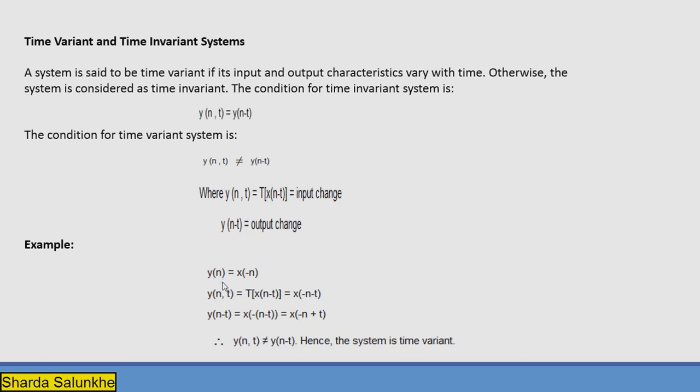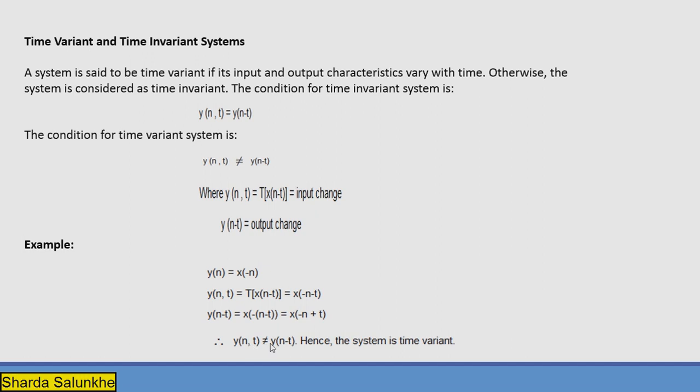Suppose, let us take one example, y of n is equal to x of minus n. Then y of n comma t is equal to the transformation of the input signal, that is x of n minus t. If you transform the signal, you will get x of minus n minus t. So y of n minus t is equal to x of minus n minus t, which is equal to x of minus n plus t.